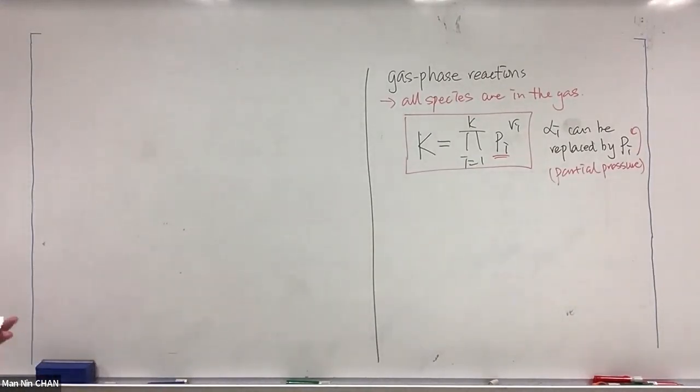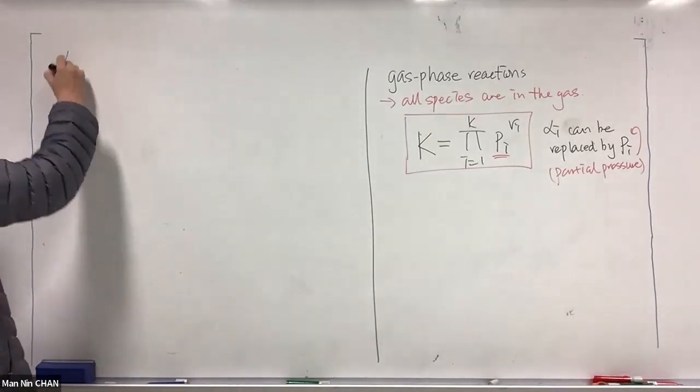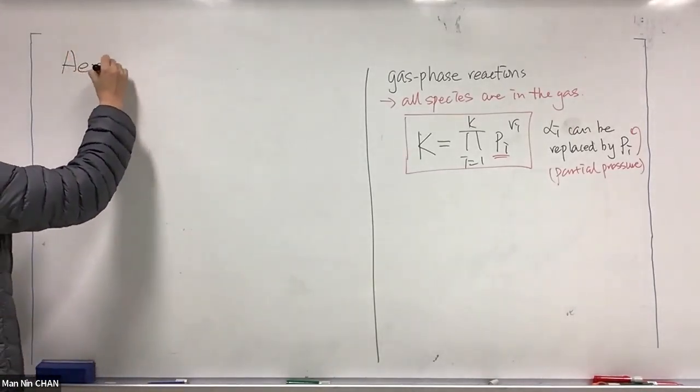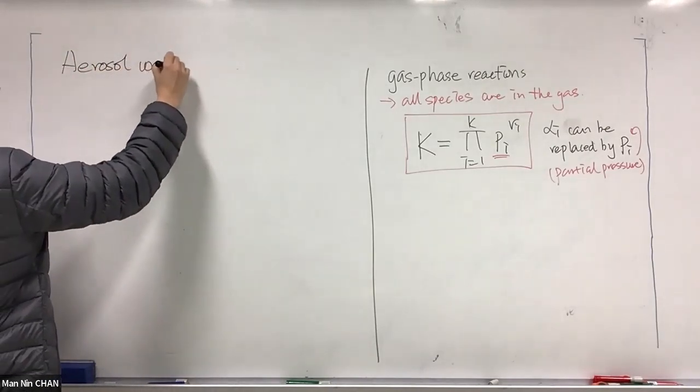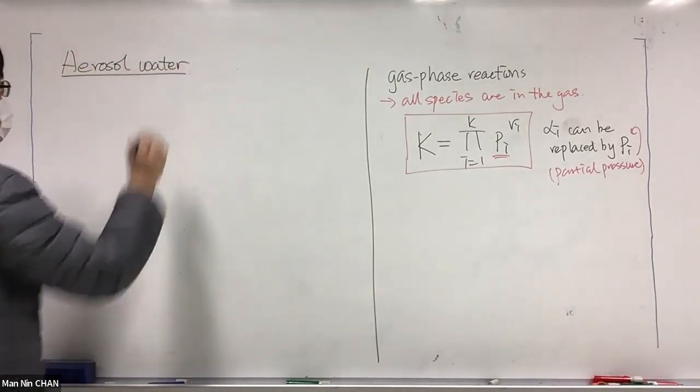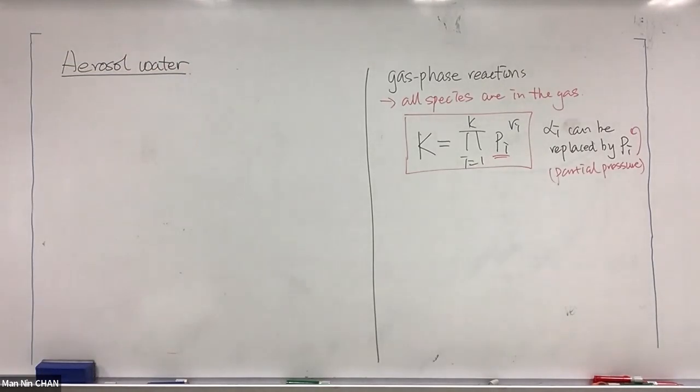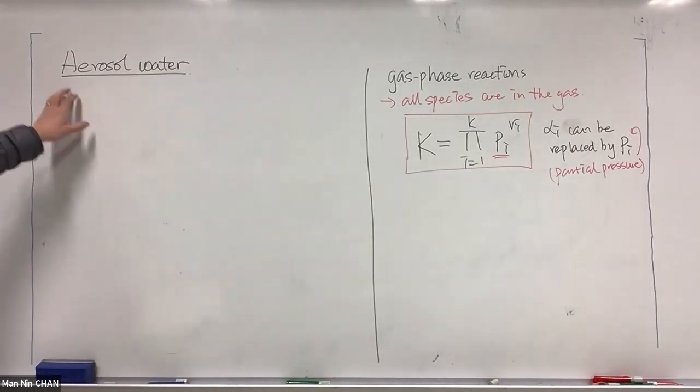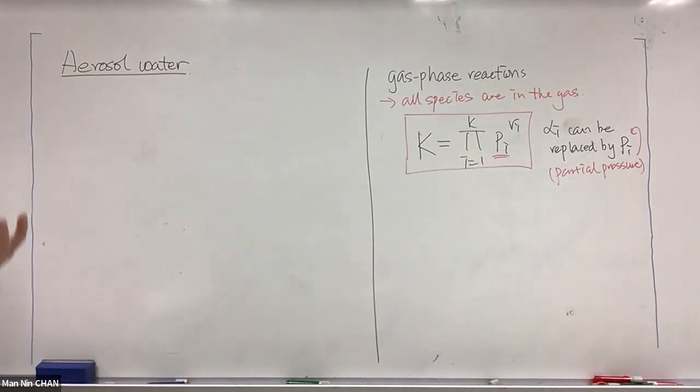Okay. So now we want to talk about one important aerosol component, which is water. Of course, we spent a lot of time talking about aerosol composition. People talk about inorganic species, organic species, maybe black carbon, soot, and also some crystalline materials.